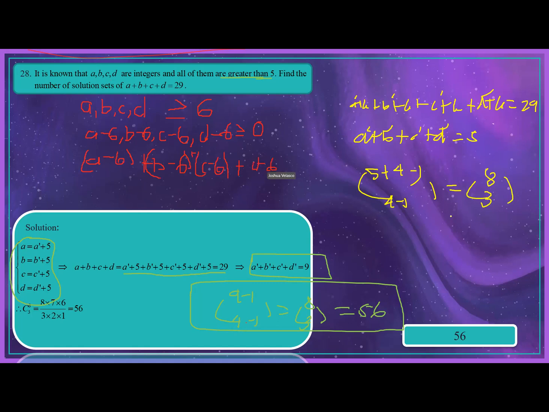Okay, you're right. Thank you, Joshua Velasco. It should be 8 taken 3. 5 plus 4, 8 taken 3. 8 taken 4. Okay, just continue, please.